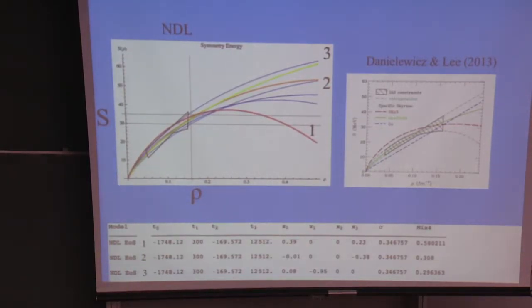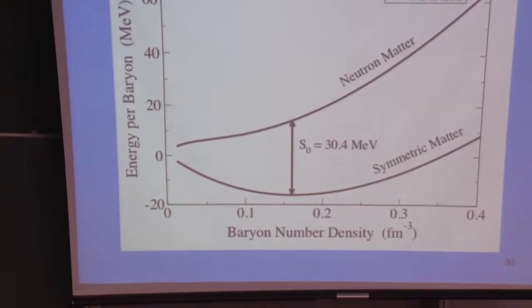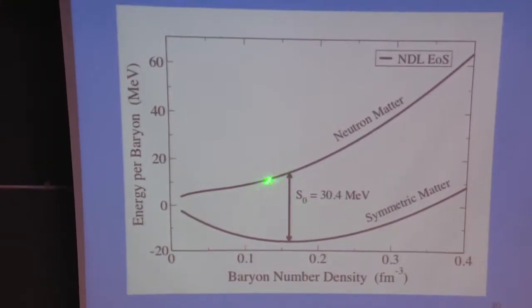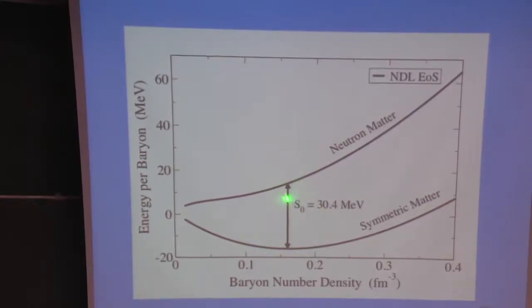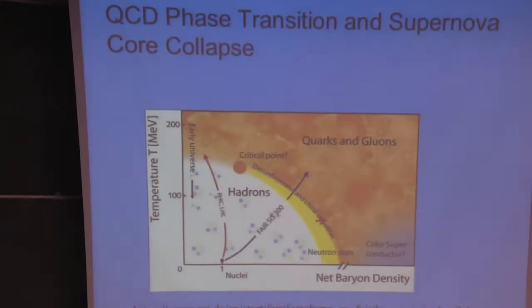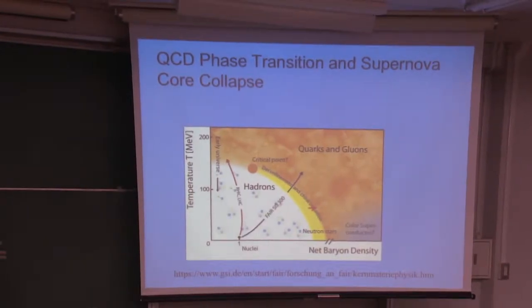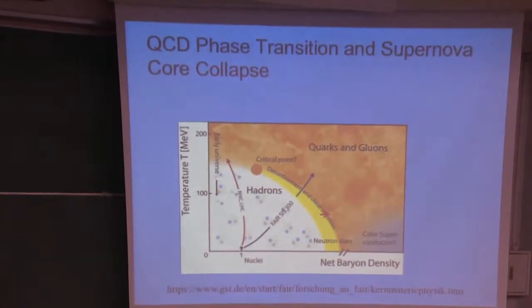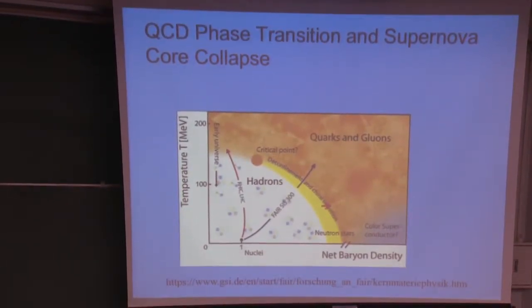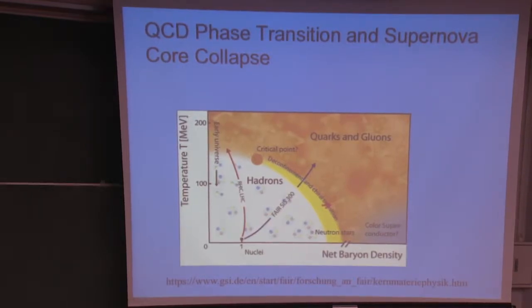And okay, those are just numerical values. So in the end, for symmetric nuclear matter, normal nuclear matter, it's about 30 MeV. And so we think we have a reasonable handle on what's going on inside the neutron star, having redone our equation of state.